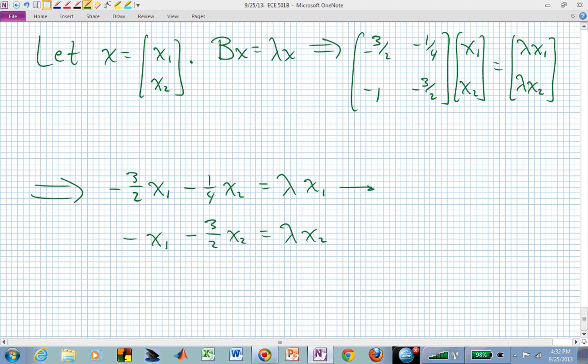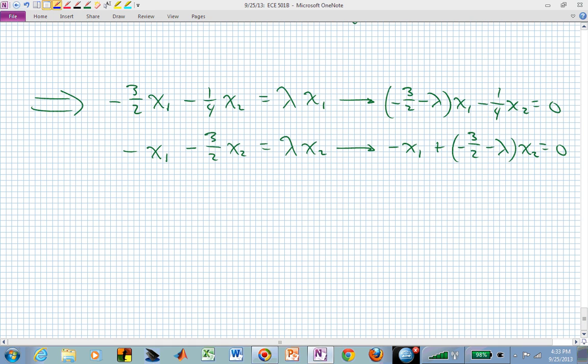If we pull all of the terms to the left and combine coefficients, we can rewrite this as (-3/2 - lambda) x1 - 1/4 x2 = 0. If we do the same thing here, we have -x1 + (-3/2 - lambda) x2 = 0. And now I'm wanting to solve these for lambda, or find a formula for lambda.